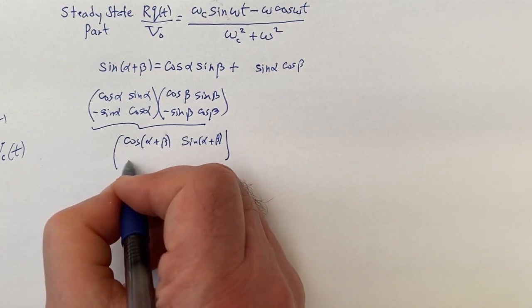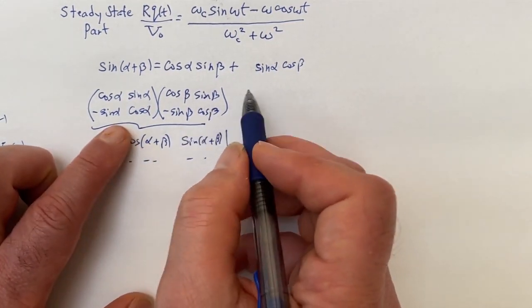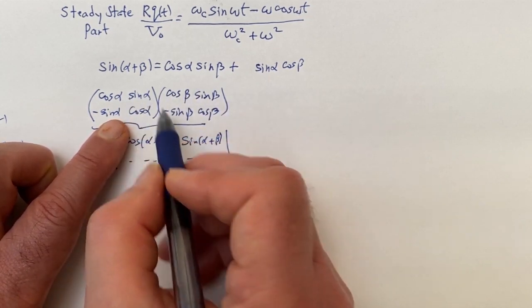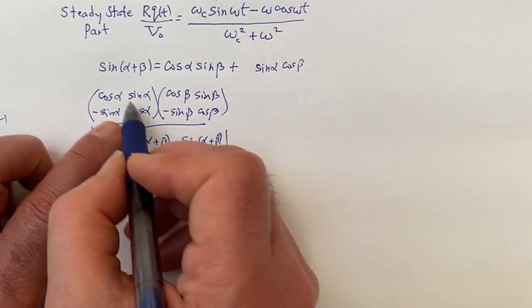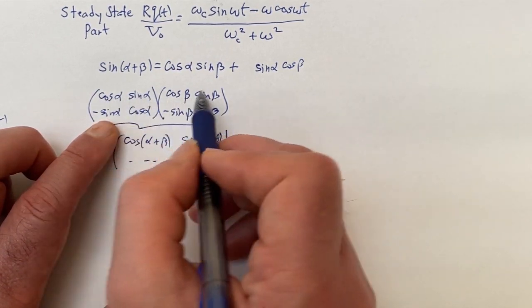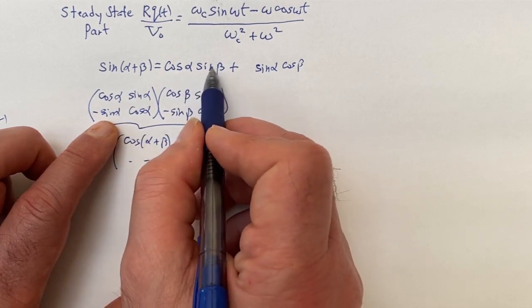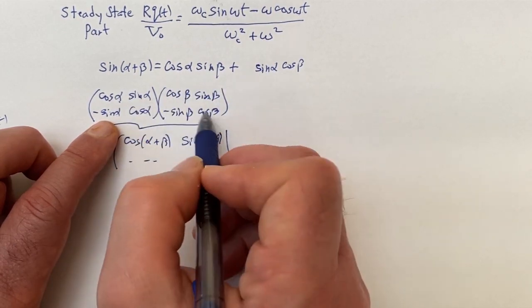And then the other stuff, we don't really need, because we're really looking at the sine one over here. And that would come by taking the product of these two, turning them sideways and hitting them with this, so cosine alpha times the sine of beta plus the sine of alpha and the cosine beta.